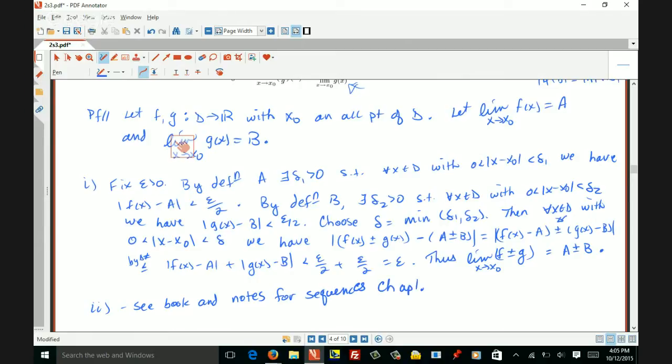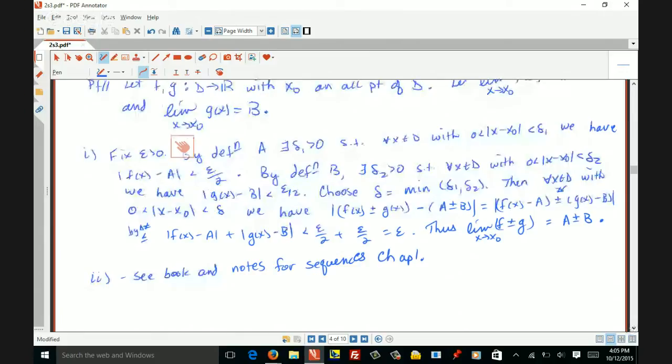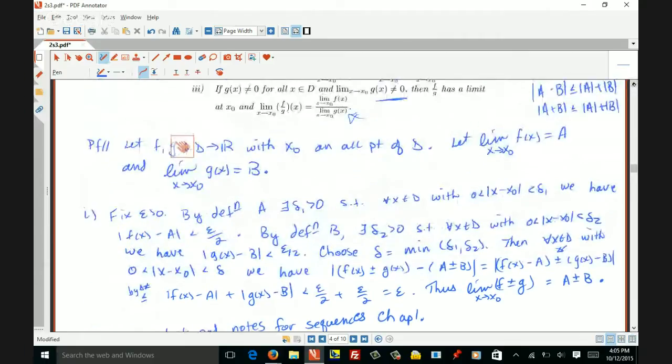In chapter 1, we did that. So let's look at 3. Notice what they give us for the hypothesis here. It says g of x is not equal to 0 for all x in D, and the limit as x goes to x0, g of x is not equal to 0. So I know that b is not equal to 0.